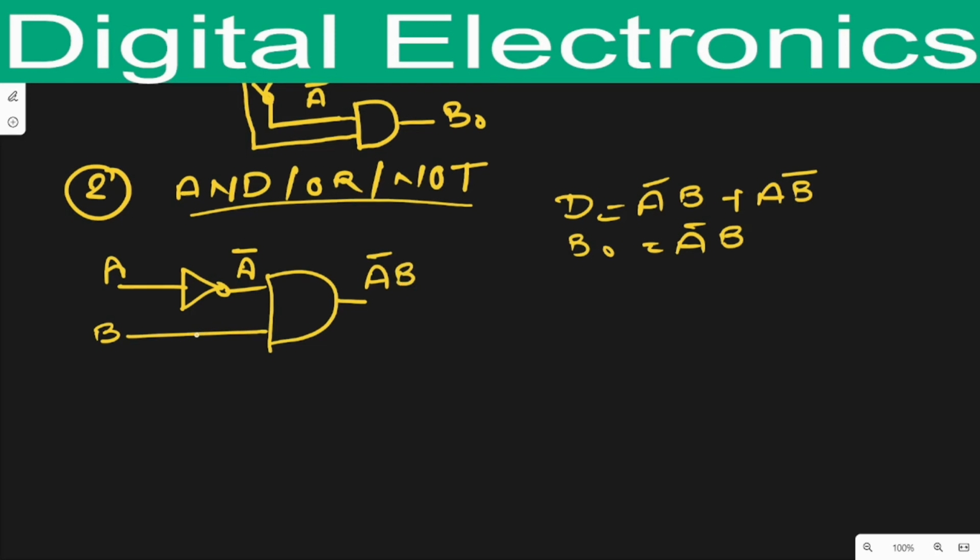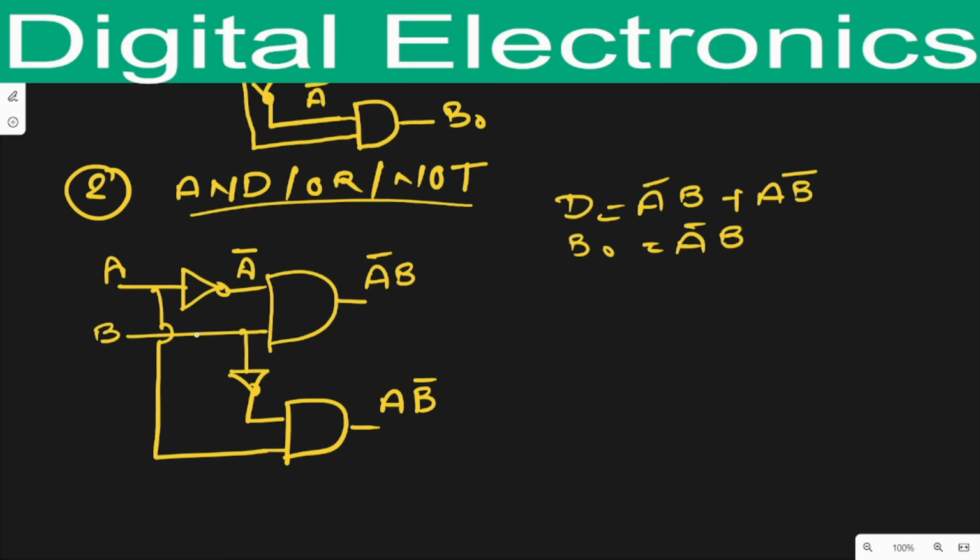Now we need A B bar. To find out A B bar, we connect one NOT gate on B, fuse the path and take A from this path. Now I will draw one more AND gate and from this path we will get A B bar.